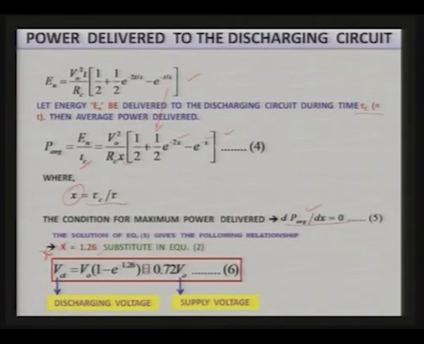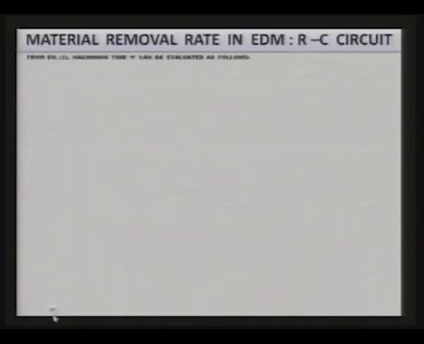So, this is the supply voltage V 0, which is also represented sometimes as V s. Now, we are always interested in the material removal rate, either gram per second or gram per minute, or volumetric material removal rate in terms of cubic millimeter per minute or per second. So, from earlier equation 2, machining time T can be evaluated as follows.